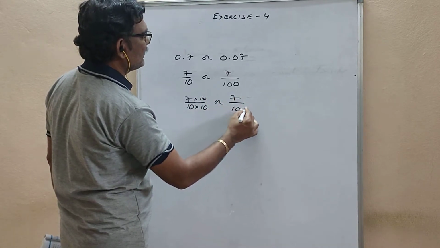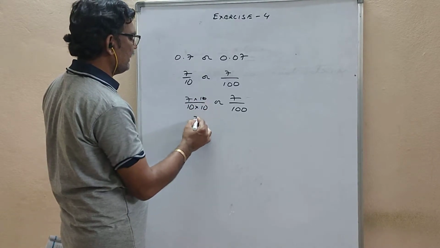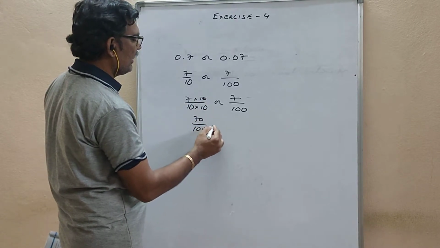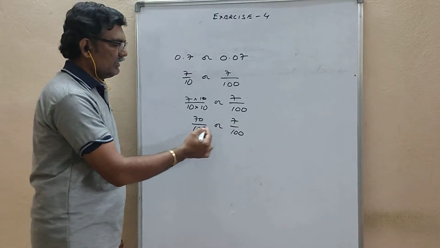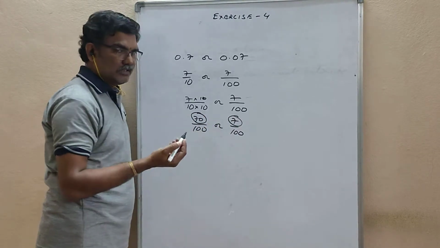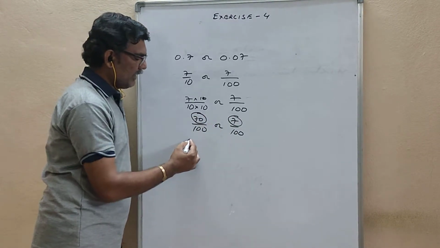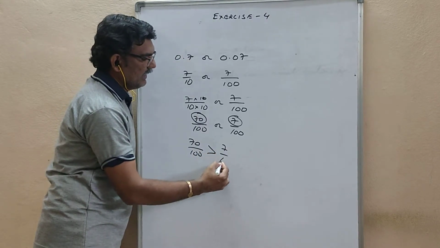This you are keeping as it is. So here 7 tens are how much? 70. 70 by 100 or 7 by 100. If the denominator is the same, whose numerator is greater, that is greater. So 70 by 100 is greater than 7 by 100.